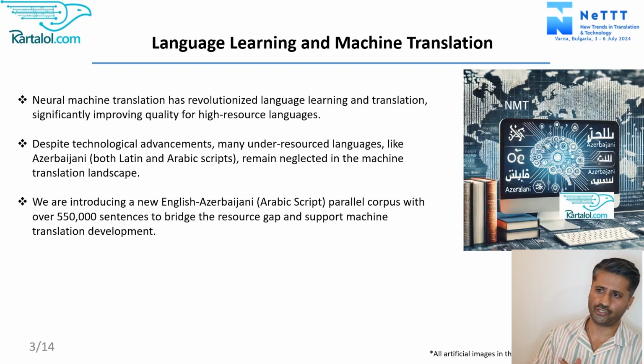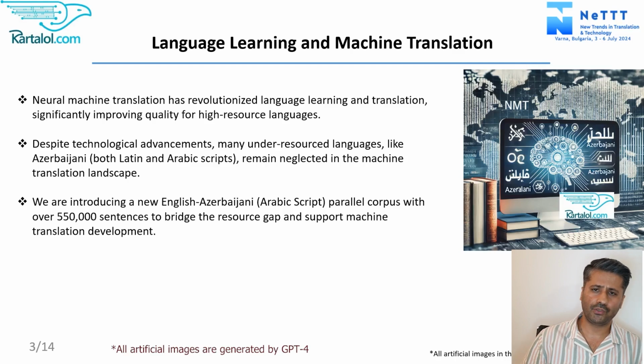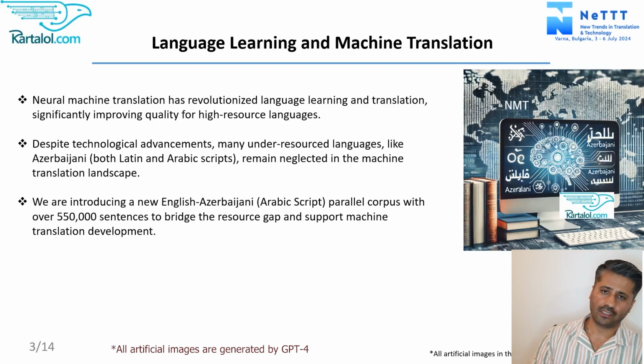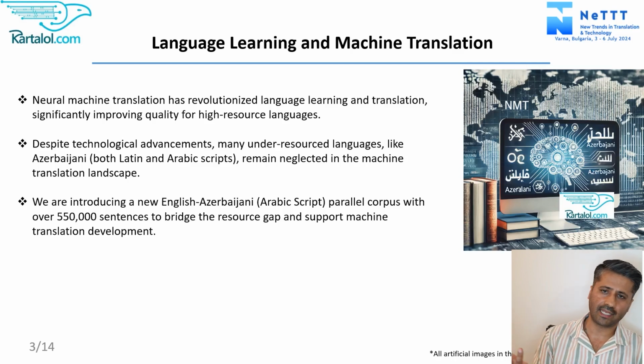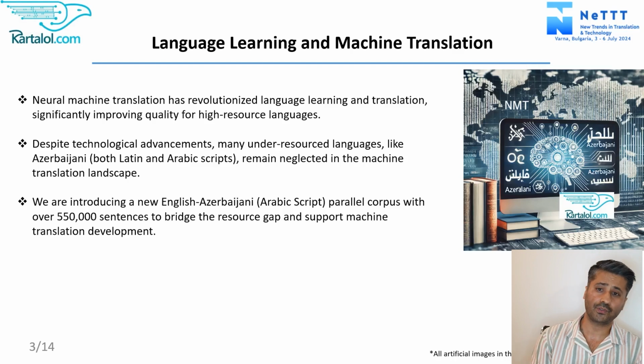To address this issue, we are introducing a new English-Azerbaijani parallel corpus in Arabic script. This corpus contains over 500,000 sentences, aiming to bridge the resource gap and step towards enhancing linguistic resources and improving translation accuracy for under-resourced languages.